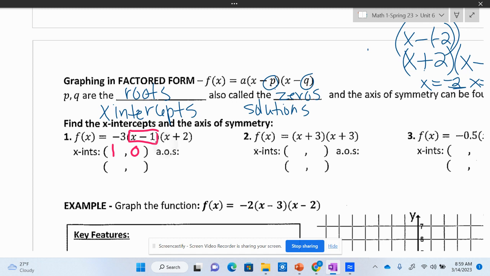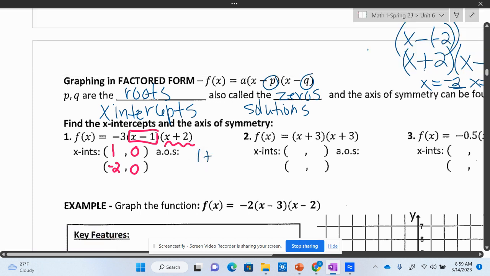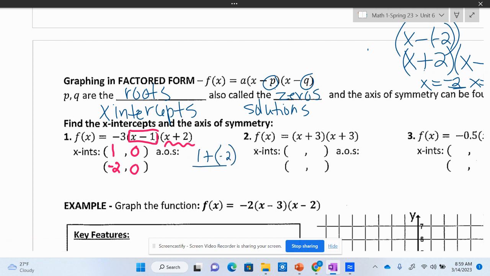What is the next root or solution? So -2, 0. So we can find the axis of symmetry by taking the two roots and adding them together. So 1 plus -2 and dividing them by 2.